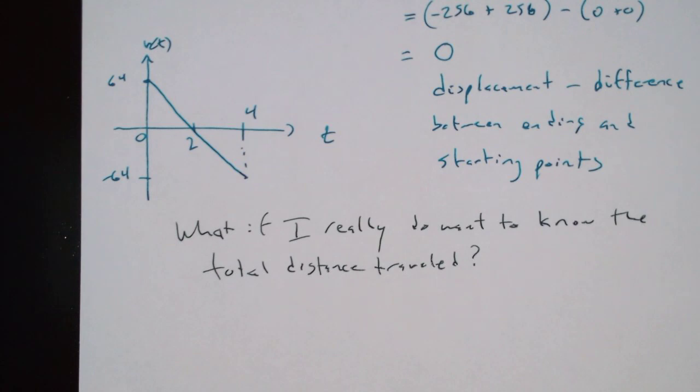How can I fix this so that it actually gives me the total distance, not just the difference in the distance?